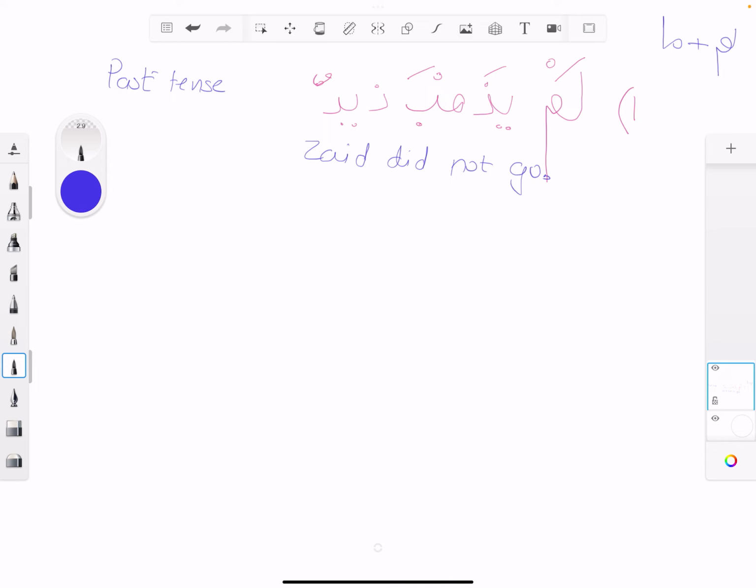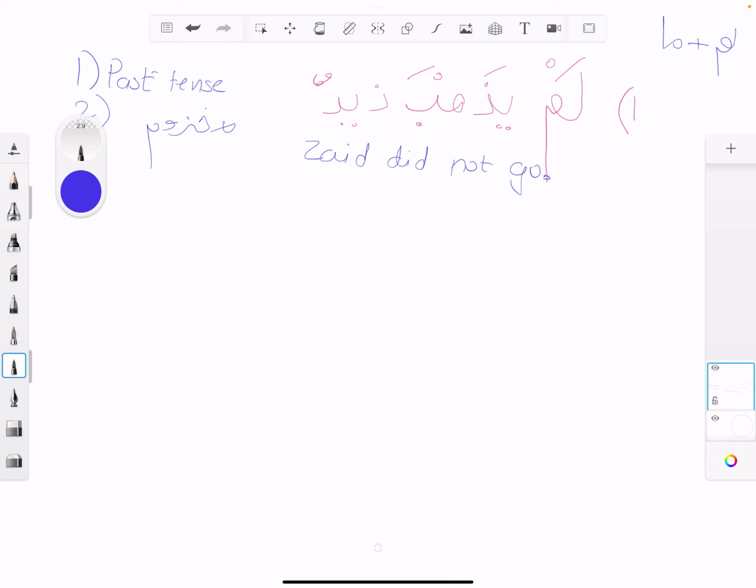It's not yazhabu though. Yazhab. Can you see there's two things that have happened. One is that you make it into a past tense. The second thing is that you make it into a majzoom. So it's not lam yadhhabu Zaydan, it's lam yadhhab Zaydan.